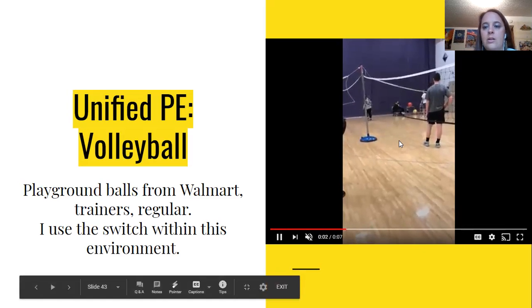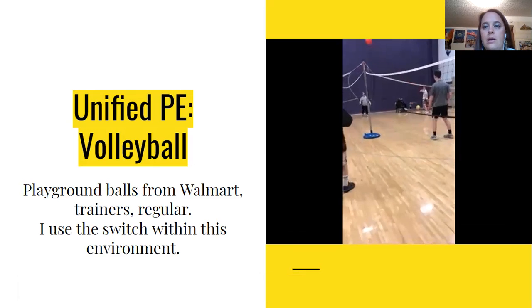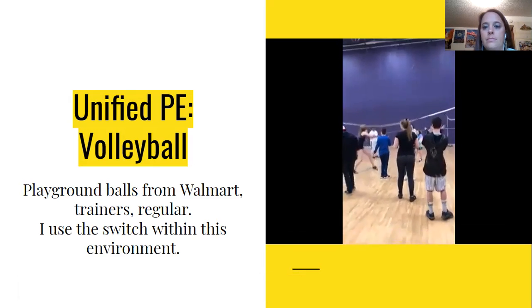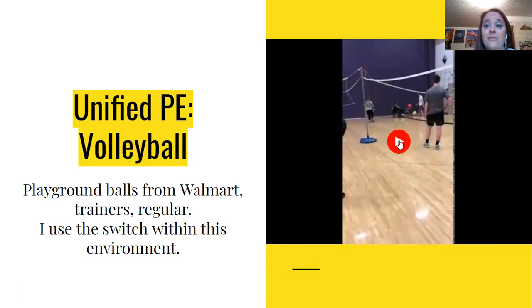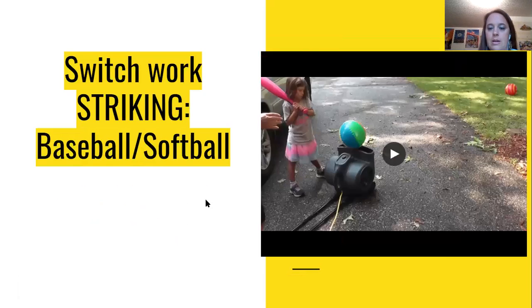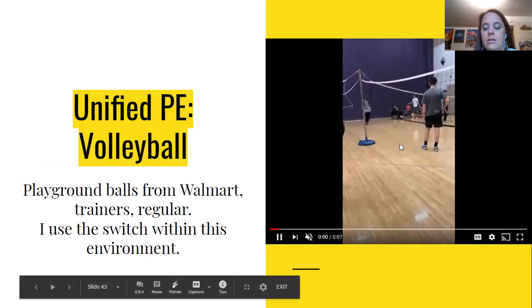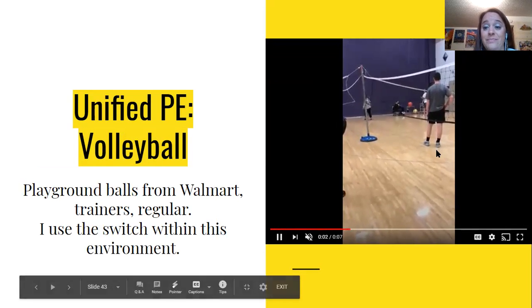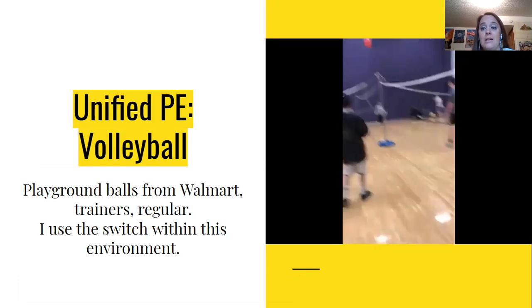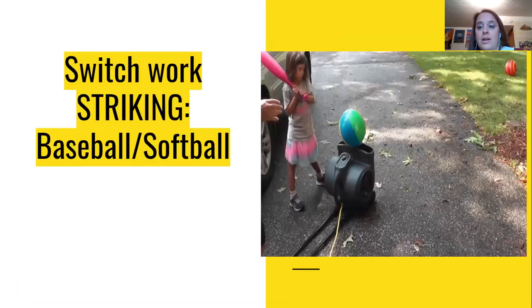And all of a sudden that student who has struggled to be included in a volleyball game, potentially a lot of her life, is a part of a team and now contributed to getting a point. Kind of fun. This student made a lot of friends in our class, so fun.